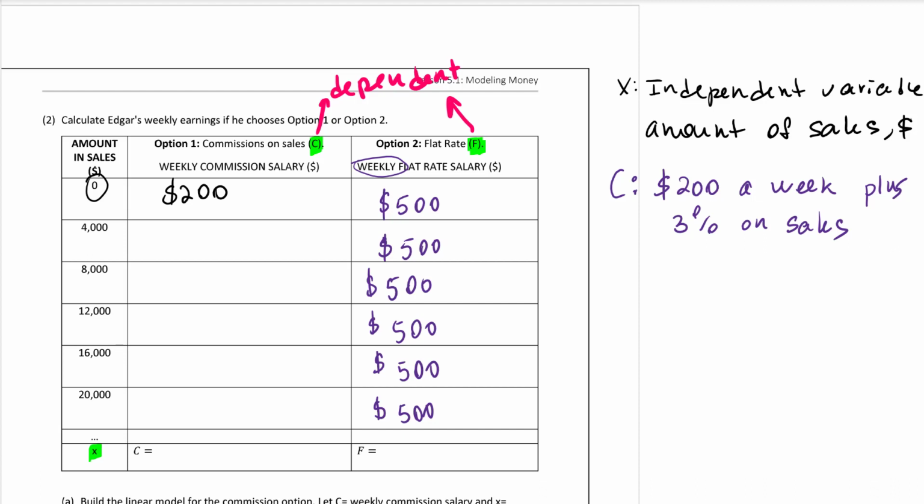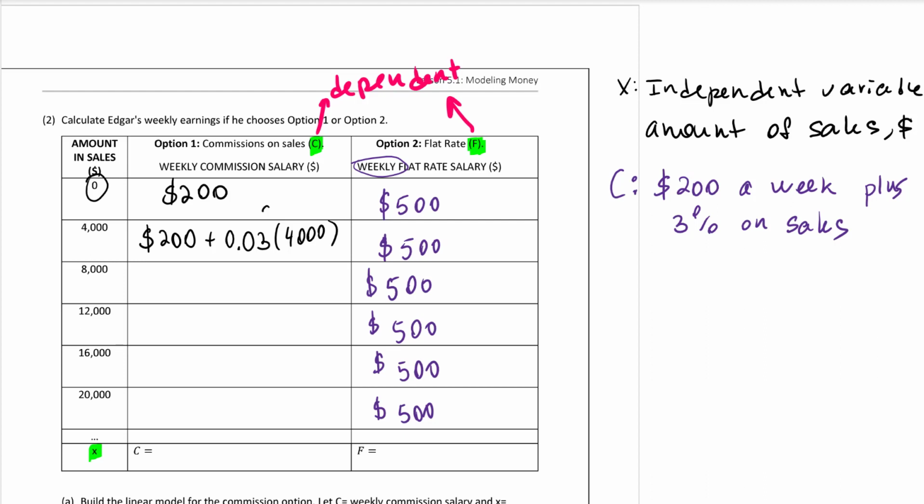Alrighty. How about if you sell $400 worth of artwork? How much would that be? I'll give you a moment to compute this. All right, let's check. It's going to be $200 plus 3% on sales. So 3% of 400 would be $12, so the commission is $12... Here we go. $200 plus 3% on sales.